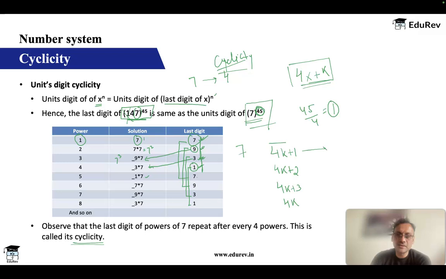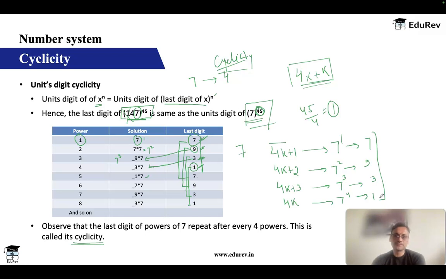If you get 1, then the answer would be the same as 7 raised to the power 1, which is 7. If it is 2, then the answer would be the same as 7 raised to the power 2, which is 9. If it is 3, then the answer would be the same as 7 raised to the power 3, which is 3. And if it is 0, then it is the same as 7 raised to the power 4, which is 1.